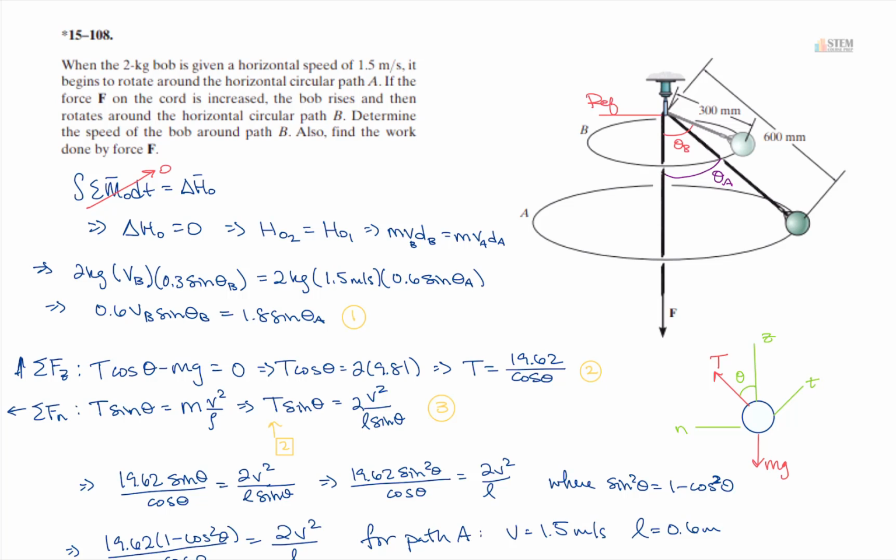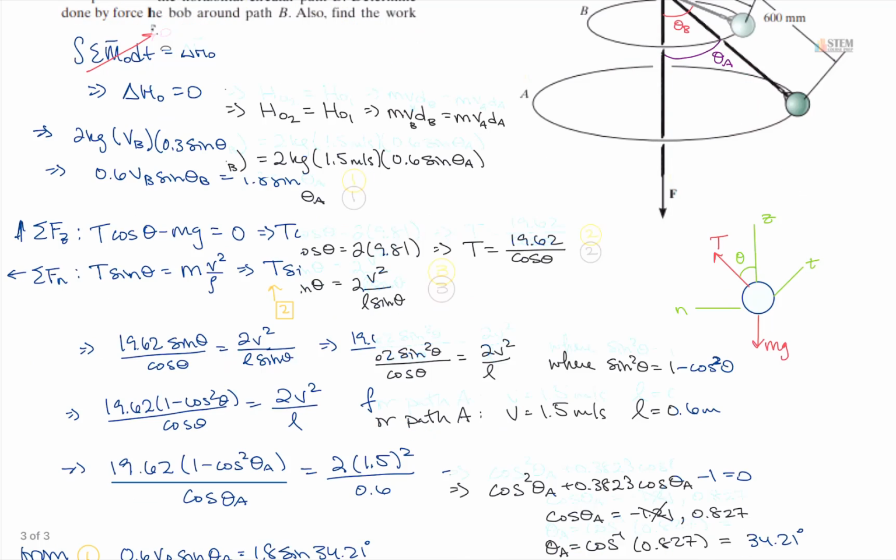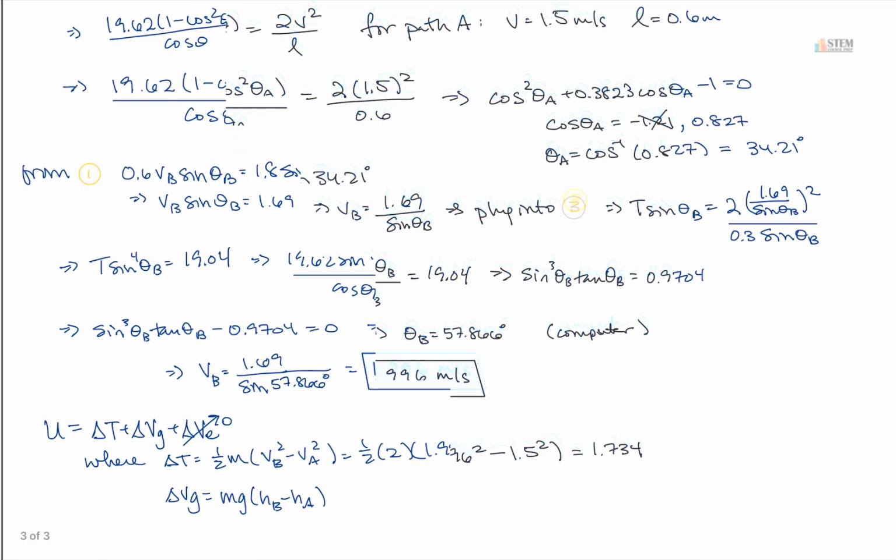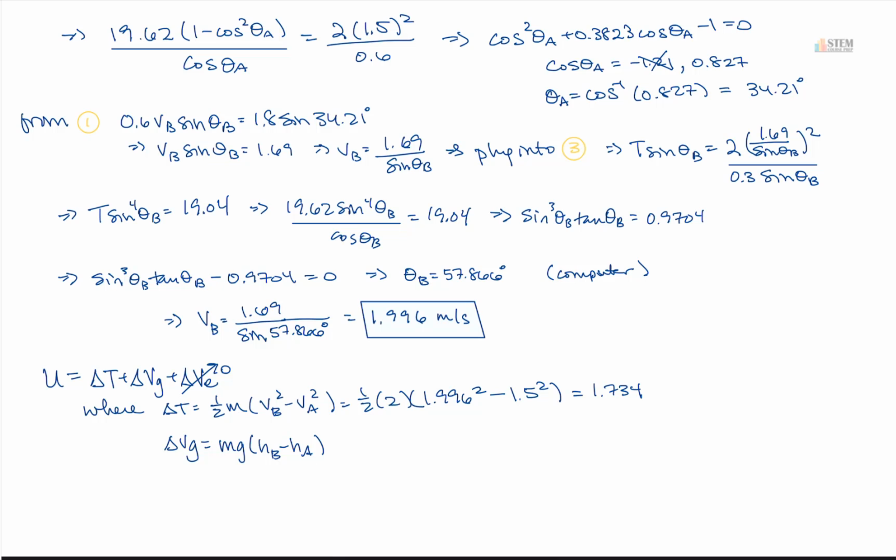So at point A, I am down here. So I need this distance, which is going to be 600 millimeters times cosine theta, right? And I'm going to switch it to just meters. So we'll have 0.6 times cosine theta A. And then for B, likewise, we would have the length of the chord times cosine of theta.